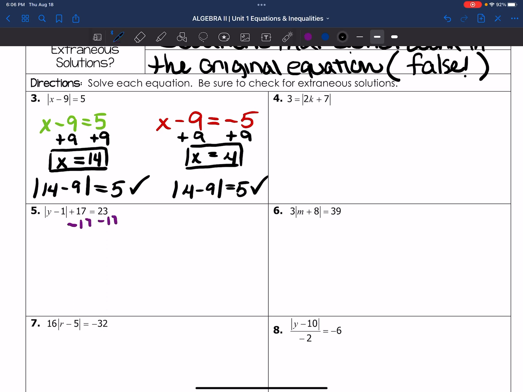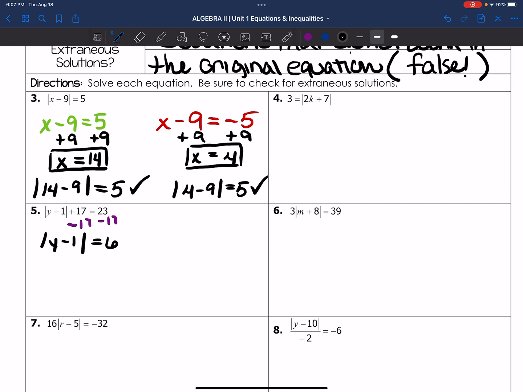After I subtract that 17 on each side, I will then have that the absolute value of y minus 1 is equal to, what is the difference of 23 and 17? That is 6.